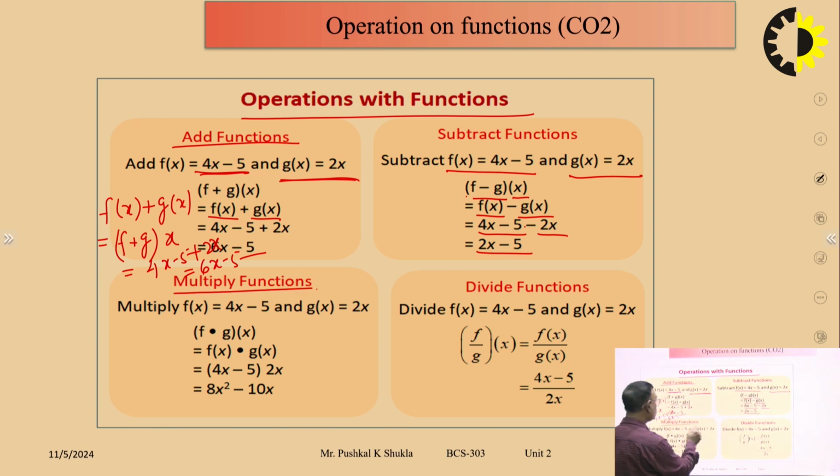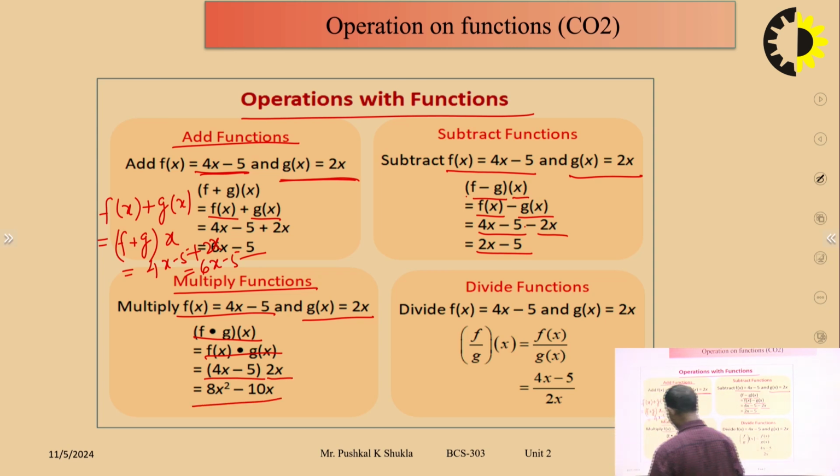Multiply function. Let f(x) = 4x - 5 and g(x) = 2x. Then f multiplied by g is written as (f.g)(x), that is f(x).g(x), which is (4x - 5) times 2x, and this is 8x^2 - 10x.